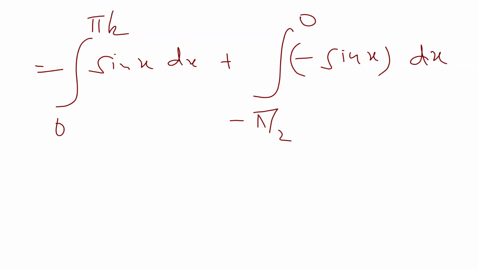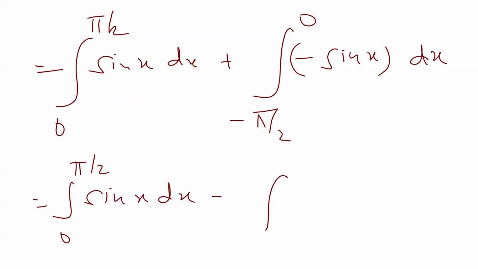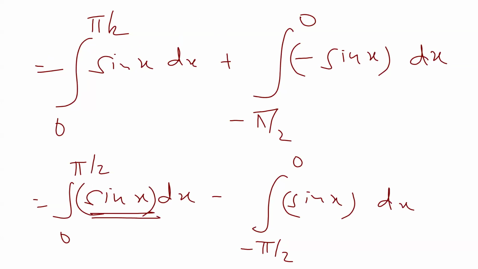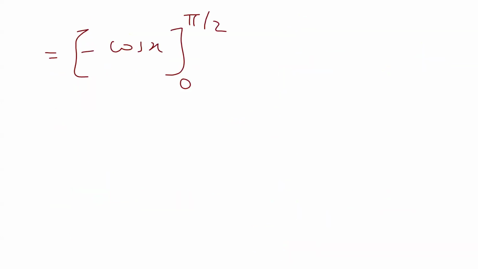Okay, so 0 to pi by 2 sine x dx plus into minus is minus pi by 2 to 0 sine x dx. So minus cos x 0 to pi by 2. Okay, because the integration of sine is minus cos, and this is also minus cos with a minus sign in between.